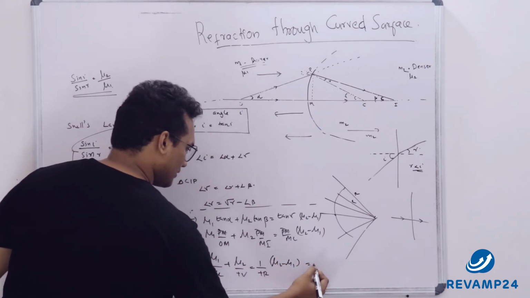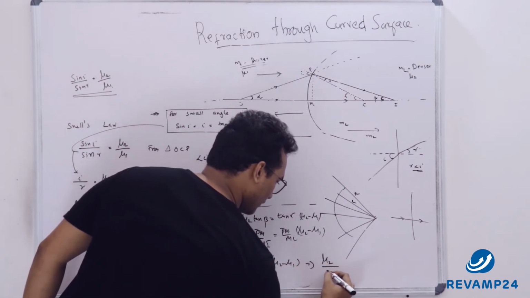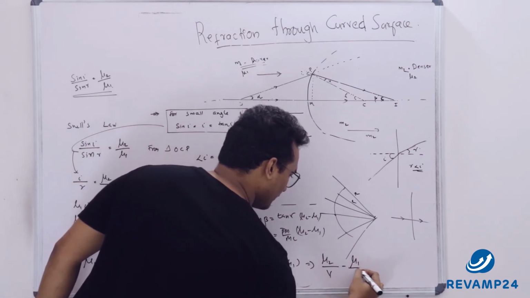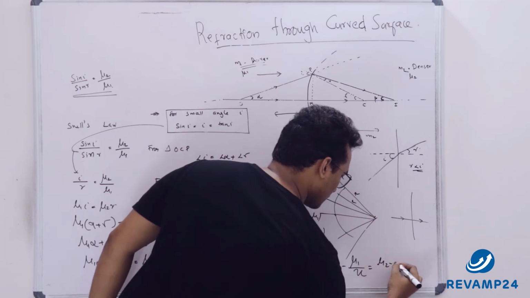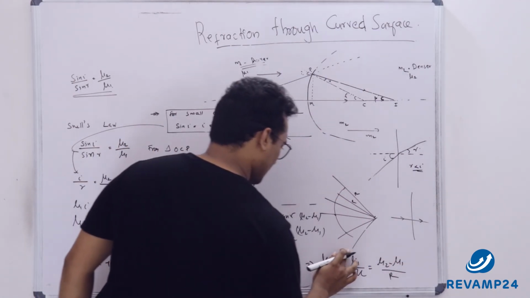So rearranging it, mu2 divided by V minus mu1 divided by U is equal to mu2 minus mu1 divided by R. This is a very important relation.